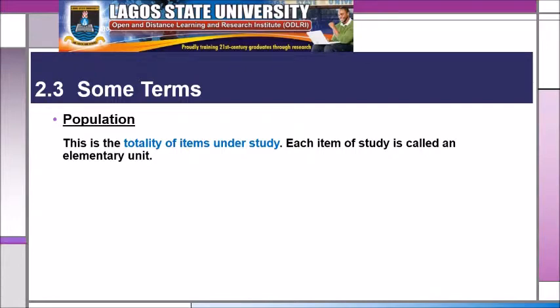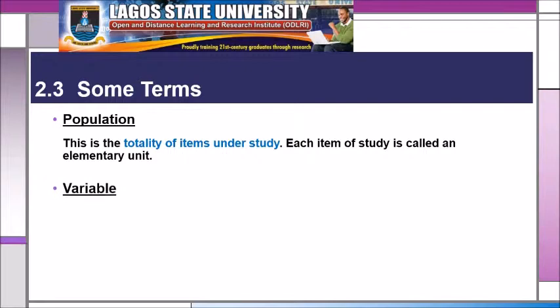In statistics, what do we mean by population? A population is the totality of items under study. Each item of study is called an elementary unit.